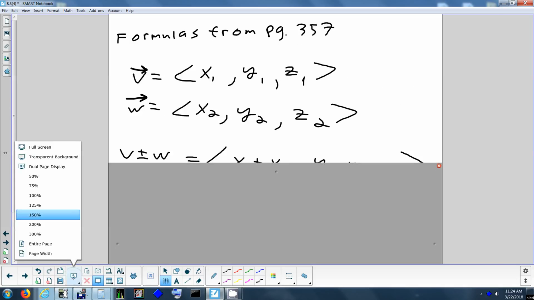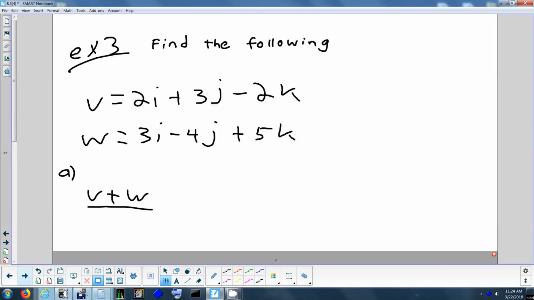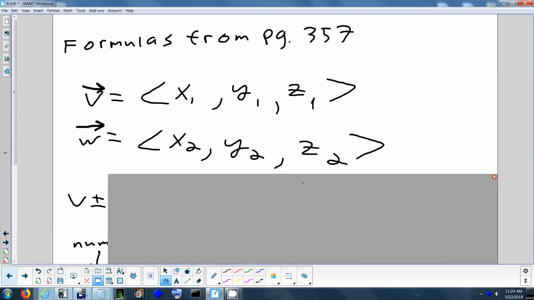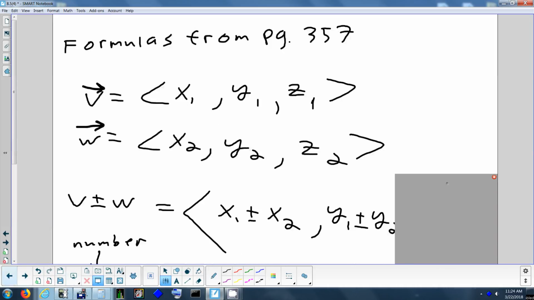All right, so if we wanted to add 2 vectors together, I've got vector v, vector w. Each vector has an x, a y, and a z component. In a real problem, they would all be numbers. To add these up, in 2D, we added the x's, then we added the y's.